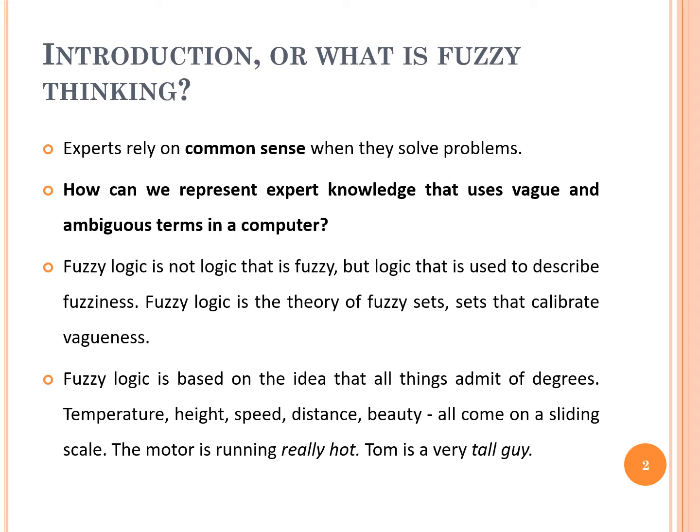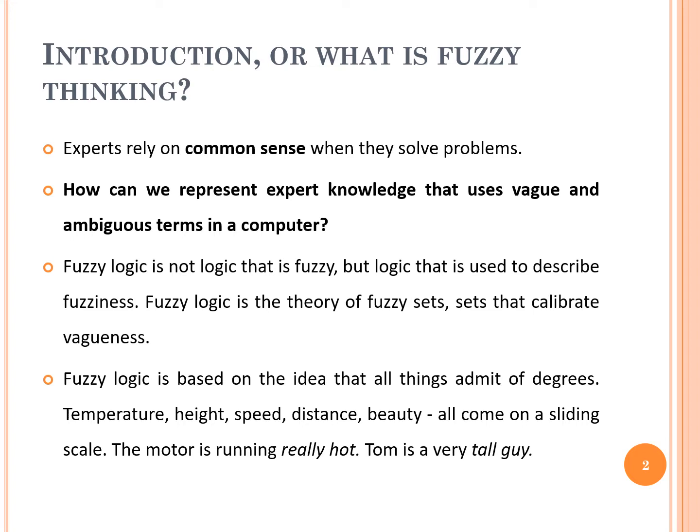Fuzzy logic is based on the idea that all things admit degrees. Every thing that we can measure admits certain degrees. For example, temperature, height, speed, distance, beauty, all come on a sliding scale.